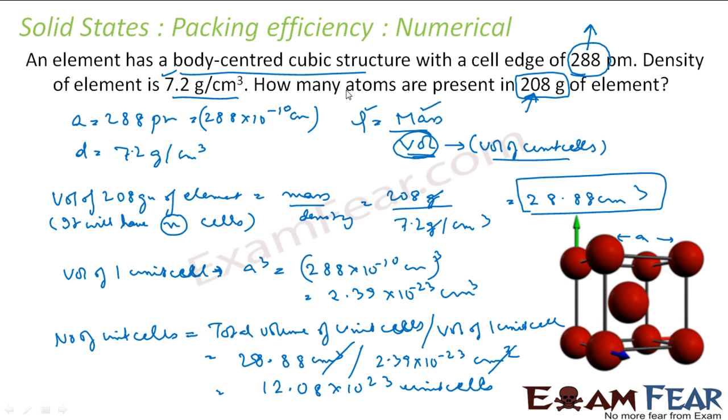But the question is different. The question is how many atoms are there. Now we'll take advantage of the fact that it is a body-centered cubic structure. Since it is a body-centered cubic structure, each unit cell will have 2 atoms. So the number of atoms will be how much? You multiply this number by 2. So let me write it here.